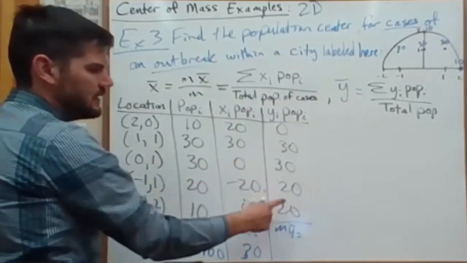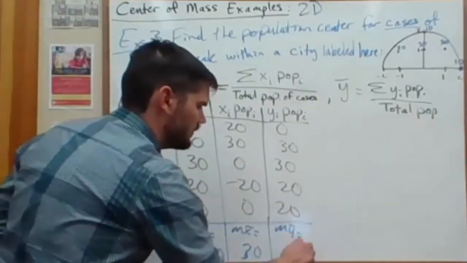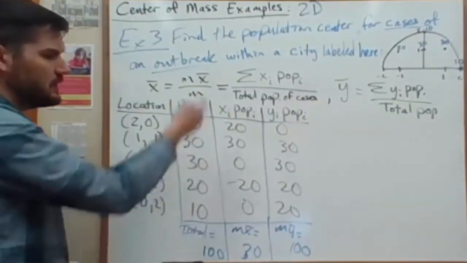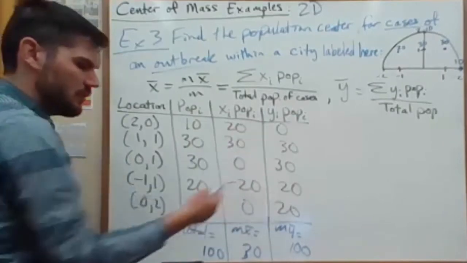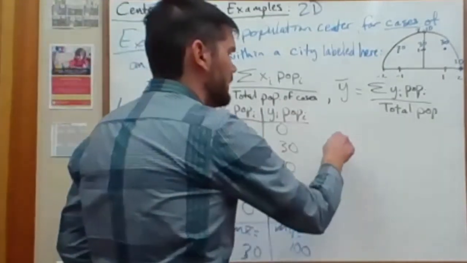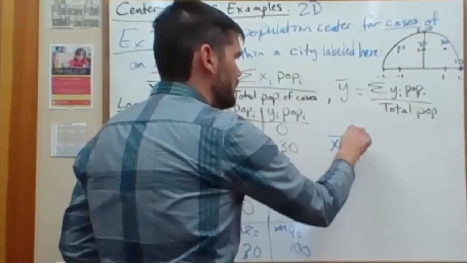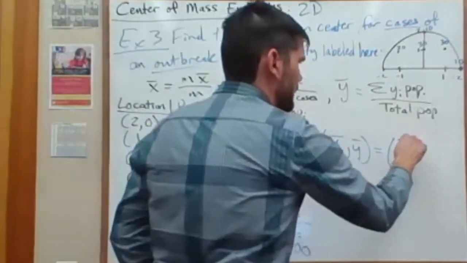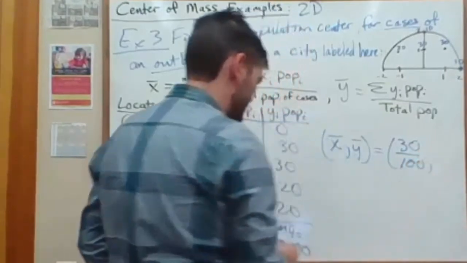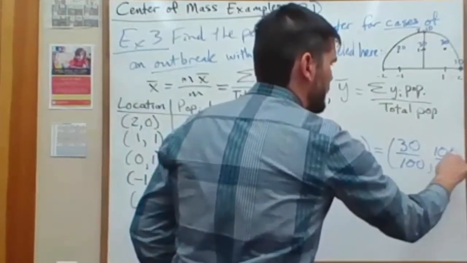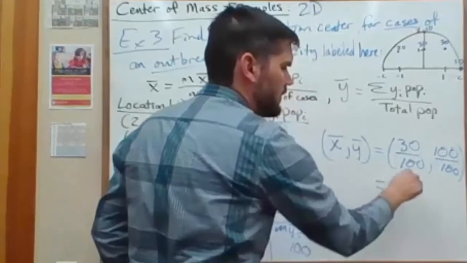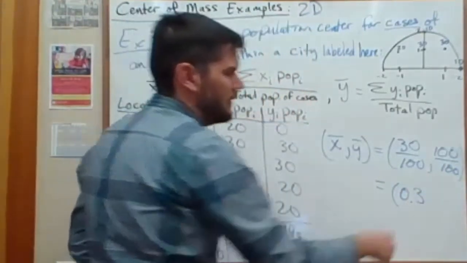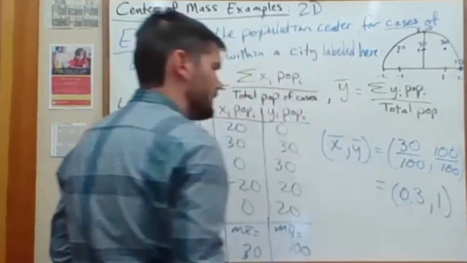Whew. 60, 80, 100. So now that we have added up our total population and moments, total moments, then we know that x bar and y bar are 30 over 100 and 100 over 100, which can be simplified to 0.3 and 1.